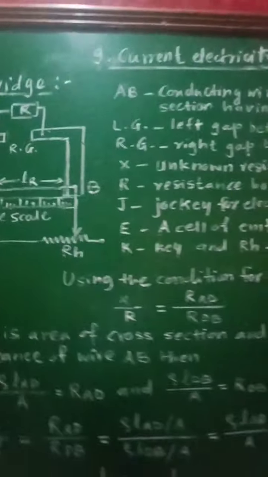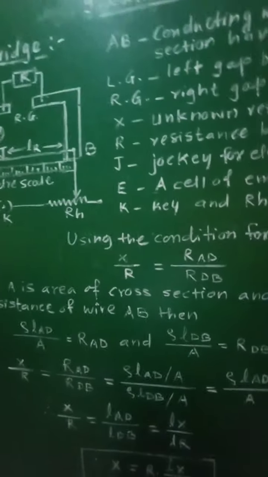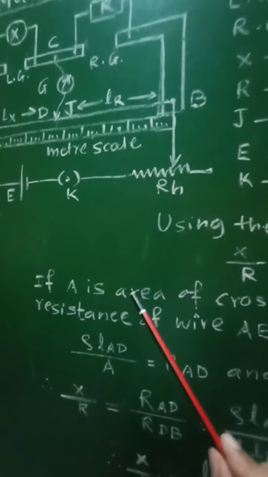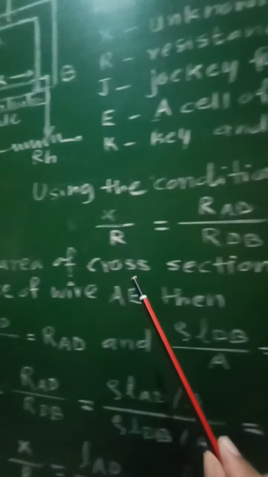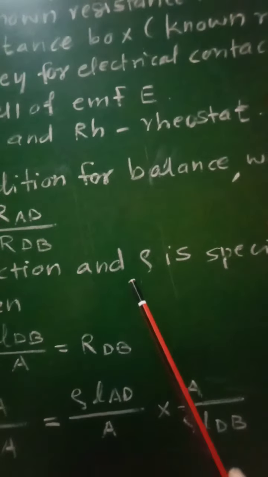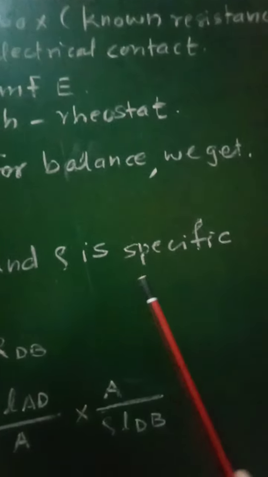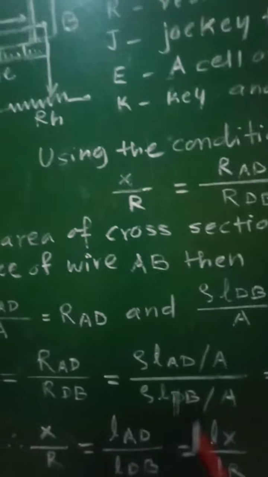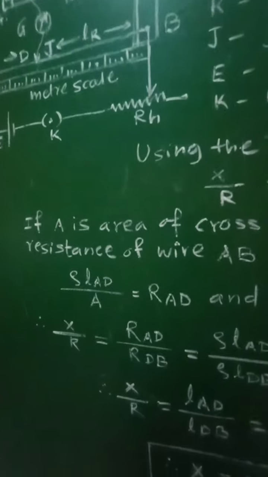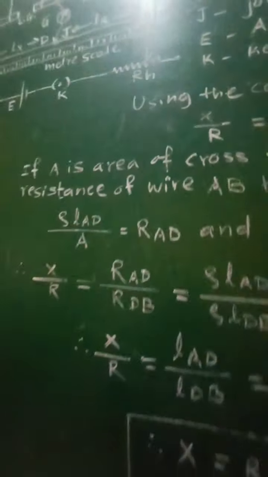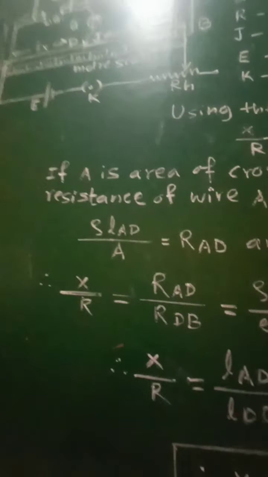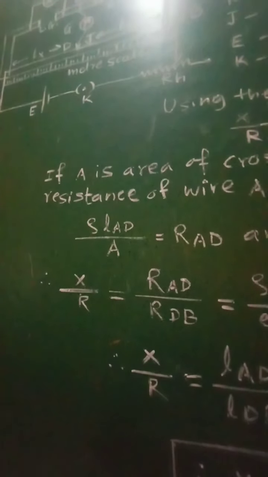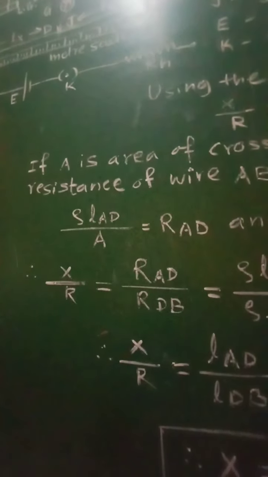Let A represent the area of cross section of the wire AB and rho the specific resistance of that wire AB. Then we know that the relation for specific resistance is rho equal to RA upon L.